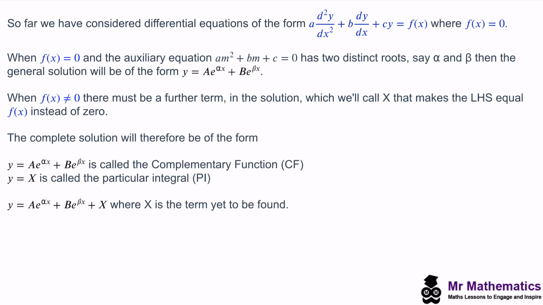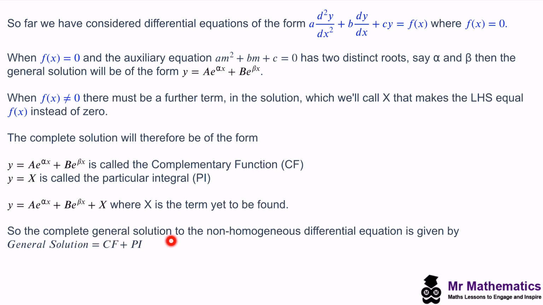So the general solution, or the complete solution, will be y is equal to the complementary function plus the particular integral. But if we think about this, if y is equal to the complementary function, the left-hand side would equal 0. So we need to add on another term to make the left-hand side now go from 0 to f of x, where g of x is the term yet to be found.